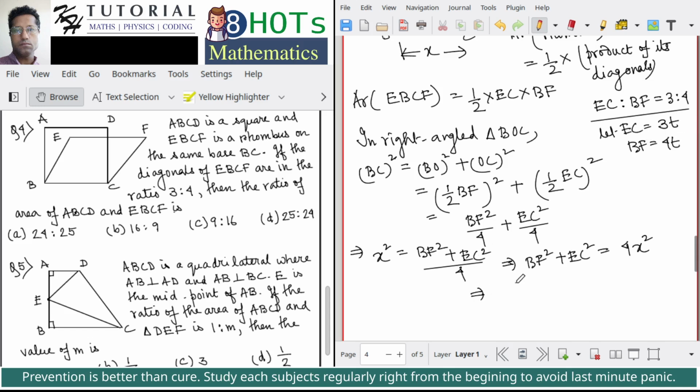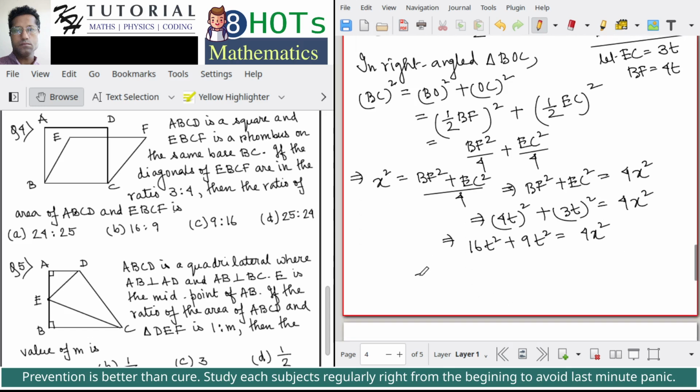So 4t square plus 3t square is equal to 4x square. This implies 16t square plus 9t square is equal to 4x square, so 25t square is equal to 4x square.